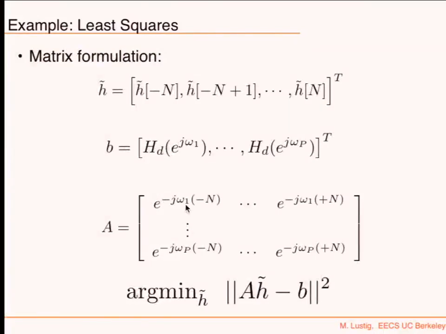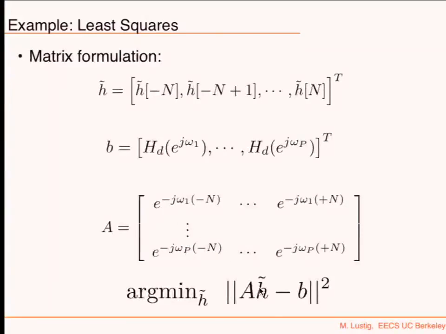If you just write down the DTFT of this filter at frequency omega 1, that will be exactly that equation. The second row will be the evaluation at frequency omega 2, the third row at omega 3, and so on and so forth till you reach omega sub p. That's the last frequency that we're going to evaluate at.